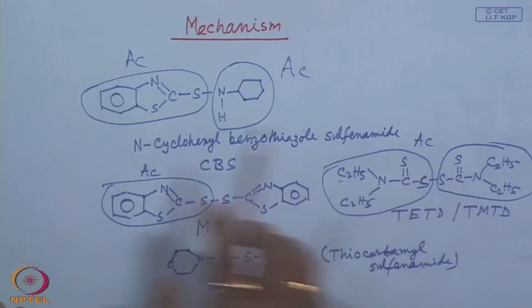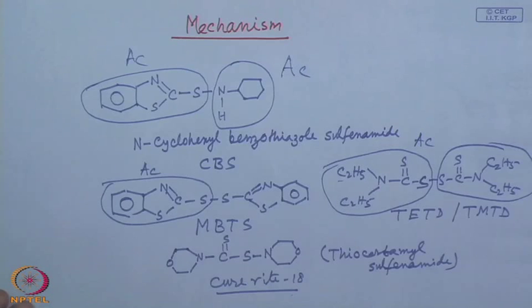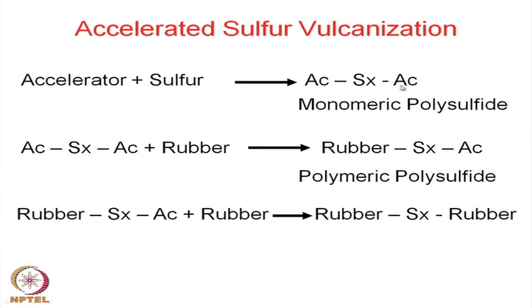So, this accelerator reacts with sulfur forming AC-SX-AC, known as a monomeric polysulfide. This sulfurated accelerator complex is attached to rubber forming a polymeric polysulfide, and when this polymeric polysulfide, containing the sulfur and accelerator fragment, interacts with rubber, that forms a cross link bond, rubber-SX-rubber.